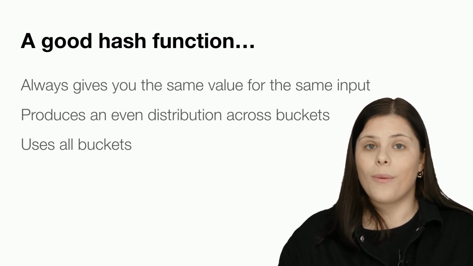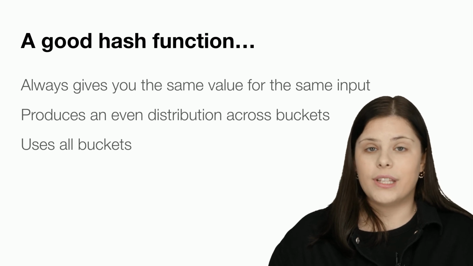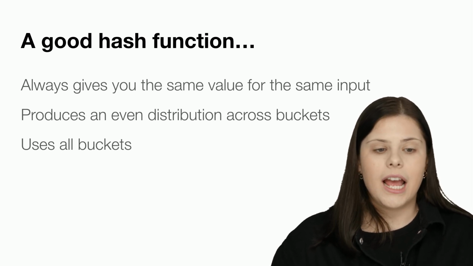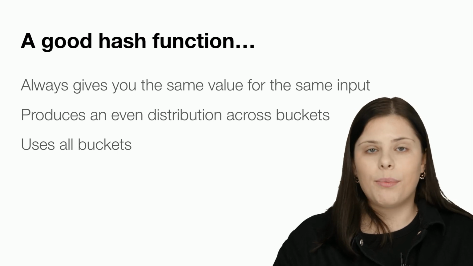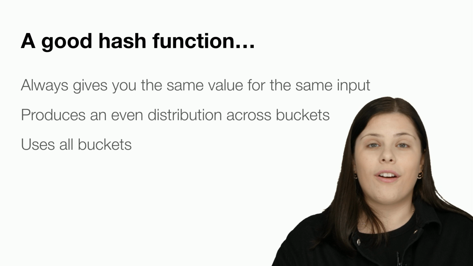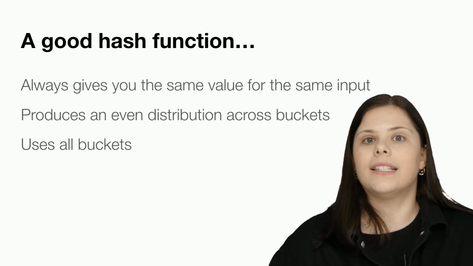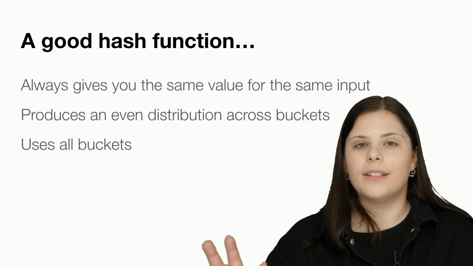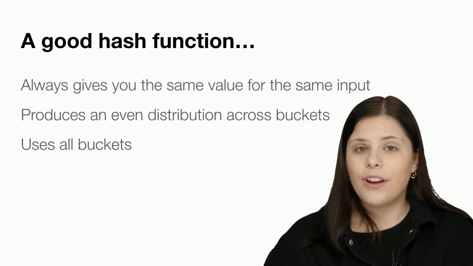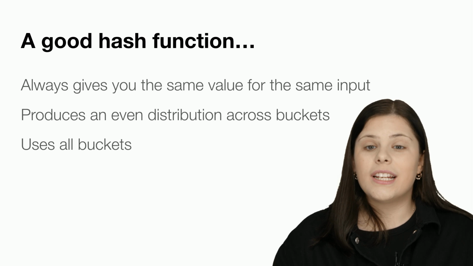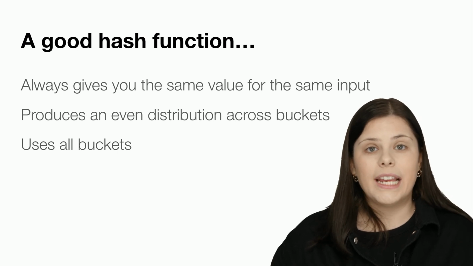A good hash function will always give you the same value for the same input, right? So no matter if it was lowercase apple or uppercase apple, it gave me 0. If I want to run my program again in 3 days, I still want to make sure that it's giving me 0. So even if you're using some randomization inside of your hash function, you want to make sure that it's uniform. You want an even distribution across all the buckets, right?